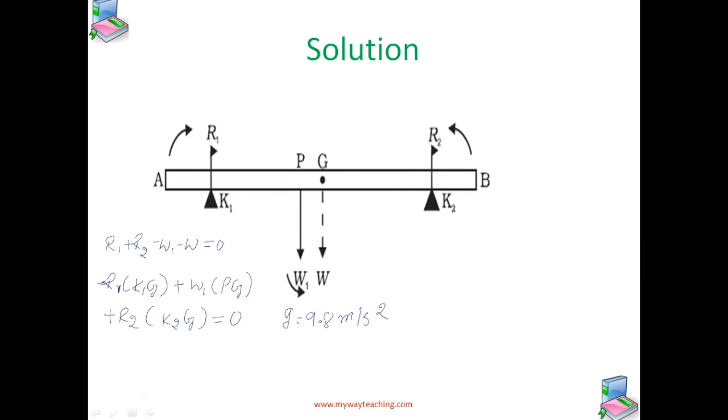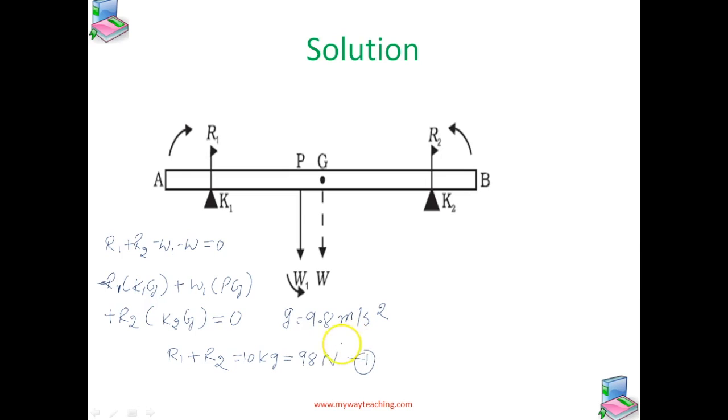So after substituting the numerical values, from the first equation R1 plus R2, we know W1 is 6 and W is 4, so R1 plus R2 will be 10 kg. If you convert in terms of Newton, we will get it as 98 Newton, since the unit of force is Newton.